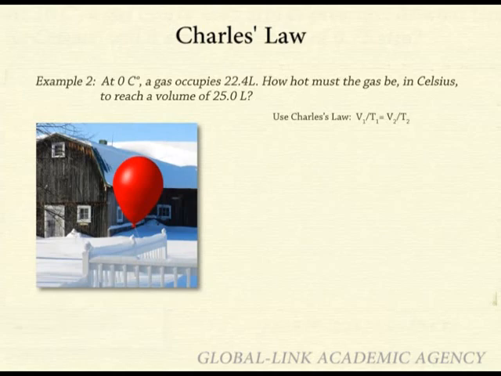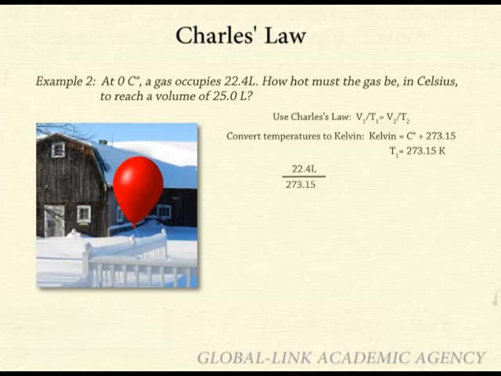Remember, we have to convert Celsius to Kelvin. Kelvin is equal to Celsius plus 273.15. So T1 is equal to 273.15 Kelvin. Substituting in what we know, 22.4 liters over 273.15 Kelvin is equal to 25.0 liters over T2.